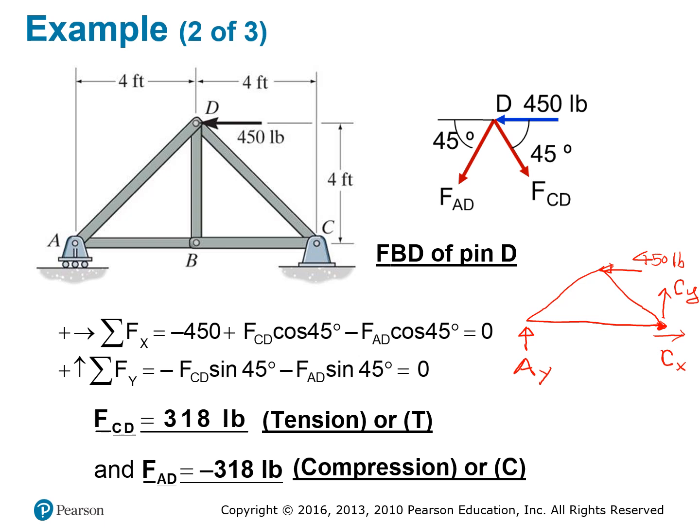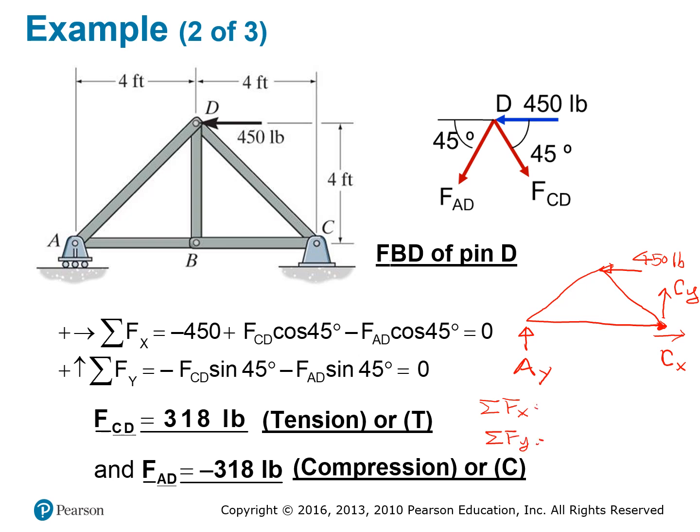So how do we determine the AY, CY, CX? We have 3 unknowns. How many equations do we have? Naturally, you probably only think about summation F of x, summation F of y. Yes, we can use these 2 equations.